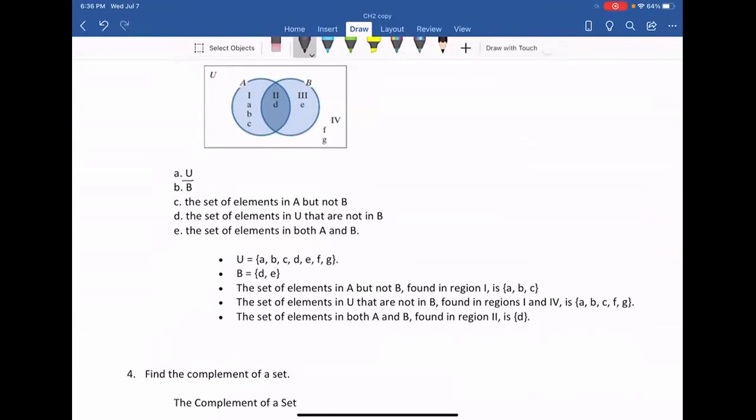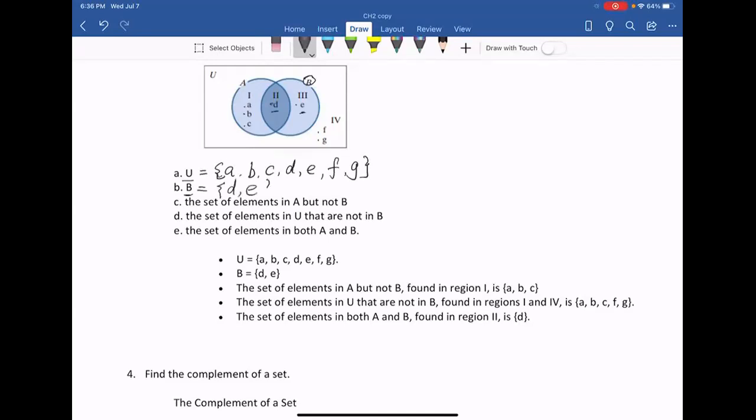That means everything here includes A, B, C, D, E, F, G. The set B is here, and equals D and E.